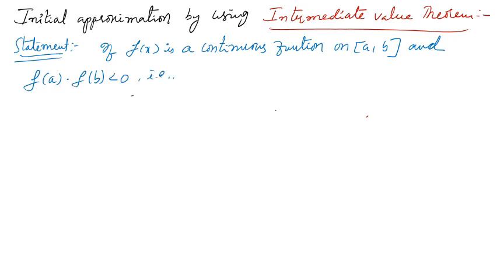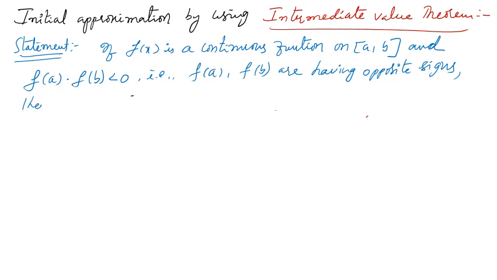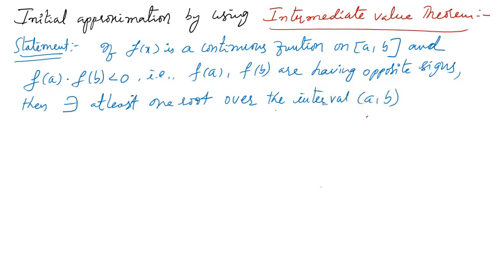That is, f of a and f of b are having opposite signs, then there exists at least one root over the open interval a comma b. This is the intermediate value theorem.